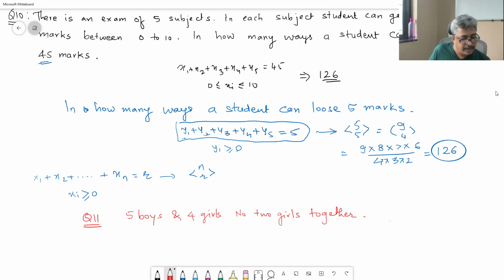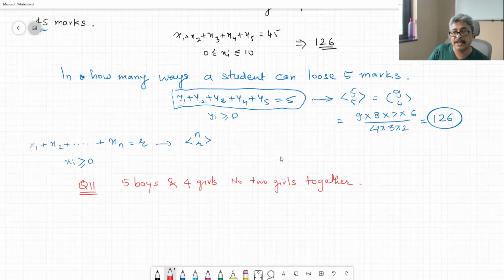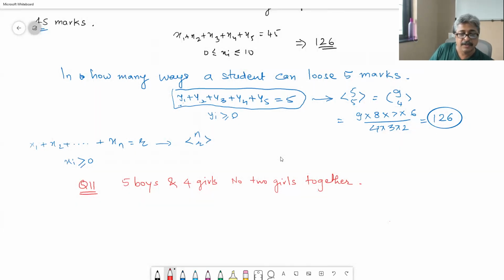Now, earlier when we solved this problem, we made the boys sit first. Now, let us make the girls sit first. G1, G2, G3, G4.